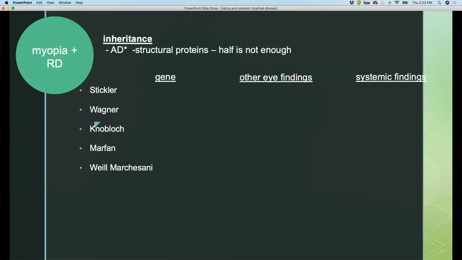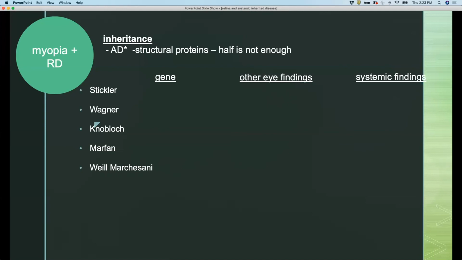They also use this term, an optically empty vitreous, which I saw on Opto questions but didn't really understand. We're going to talk about that with pictures.